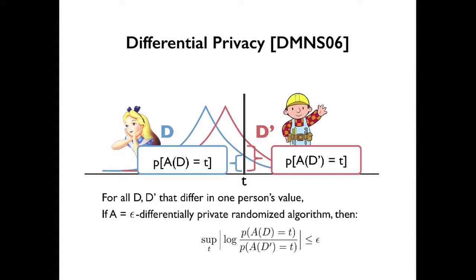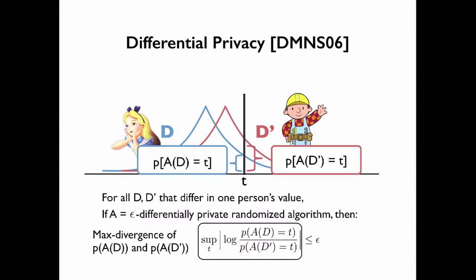Which means that at every point, the absolute value of the log of the likelihood ratio should be bounded by epsilon. And for those of you who have seen this, if you look at it closely, this quantity is in fact the max divergence between the likelihoods of A of D and the likelihoods of A of D prime.